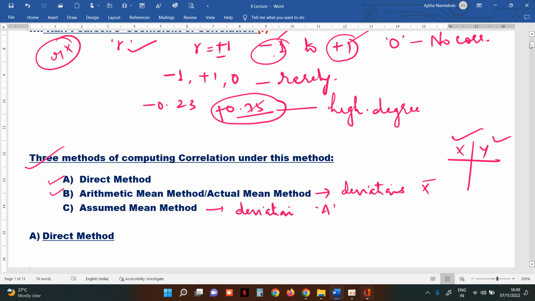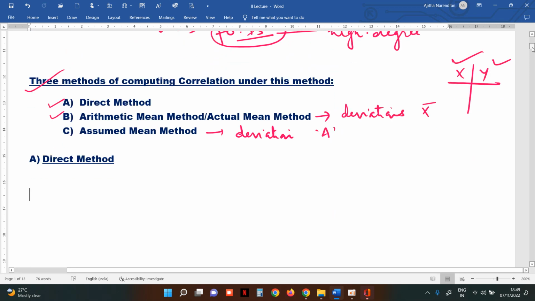So let us see the first method, known as direct method. Generally, direct method is not that much used. We will be using the direct method when the values of x and the values of y are single digit or at most two digit. If it is more than that, better go for arithmetic or assumed mean method.